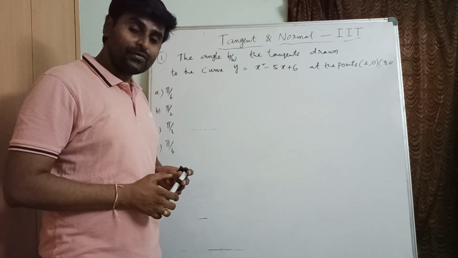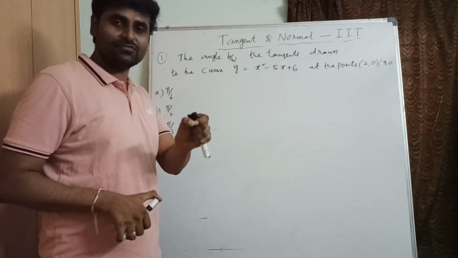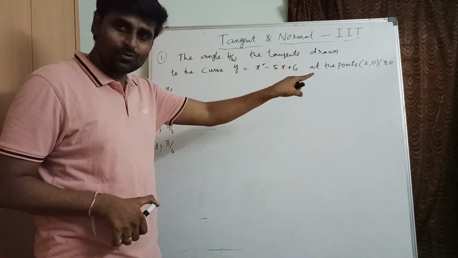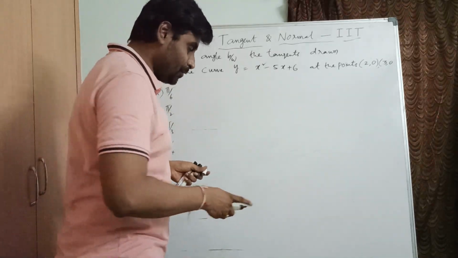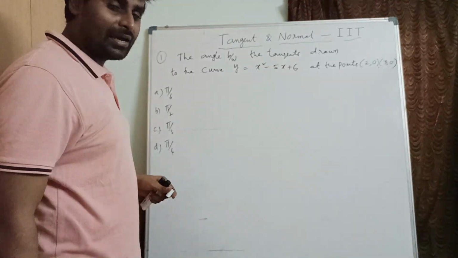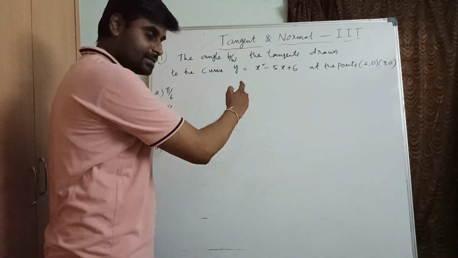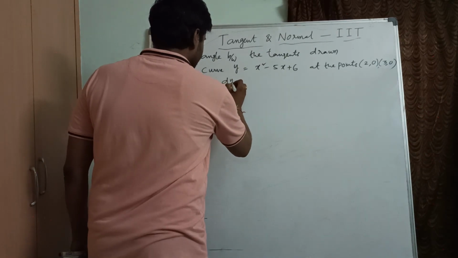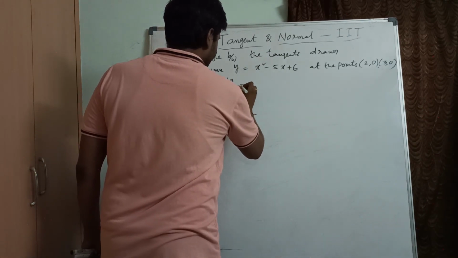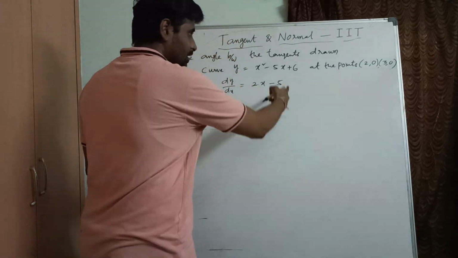Correct? Before finding slopes of tangents, first we need to find the equation of tangent using these two points. Whenever you are given two points, we can get two tangents, and after that we will be able to find the angle between those two. So first of all let us differentiate this.